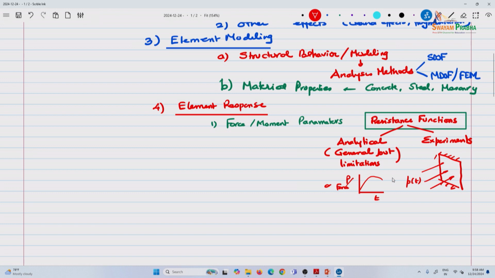So it's expensive, you don't know how accurate your measurements are, especially with certain materials, and then it is limited to the boundary conditions of that particular experiment that you do. But again, it's very commonly done.